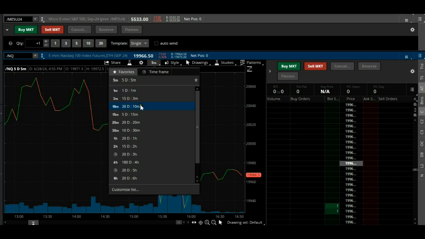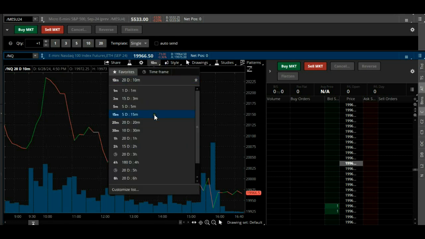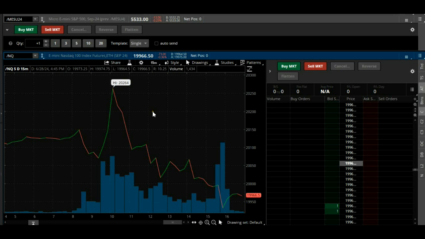You want to find another fractal? Let's go to the 10 minute time frame. Nothing really there. And we'll go to maybe the 15 minute time frame. Do we have anything there? We sure did. I think we did the trade here. We have a typical decaying or growth fractal that ended right here.